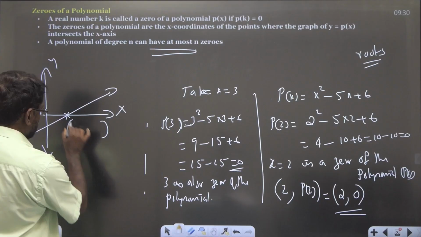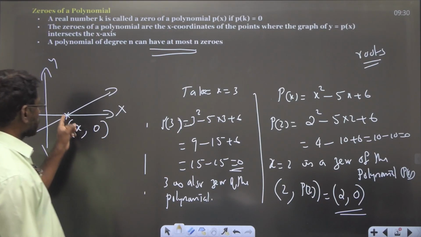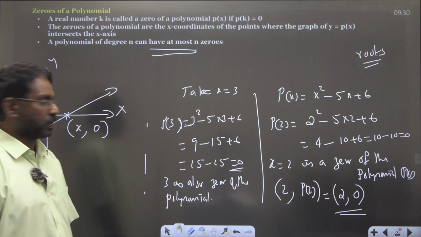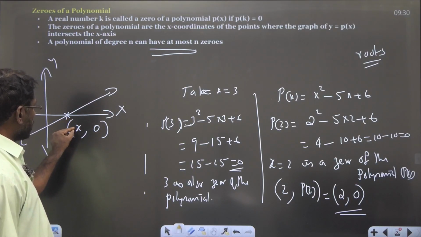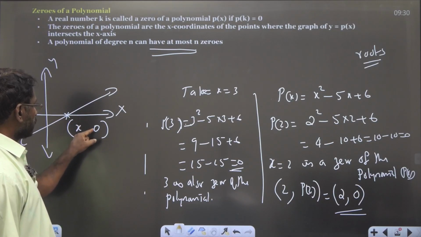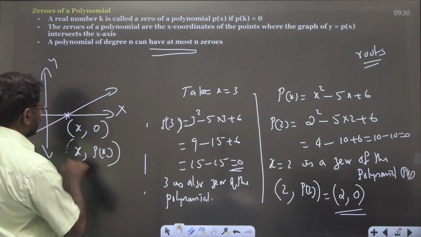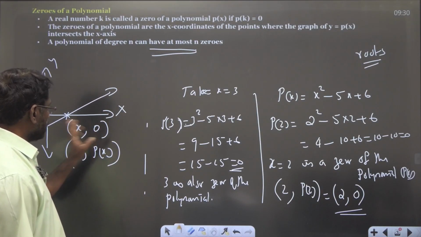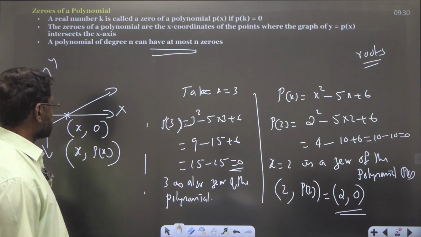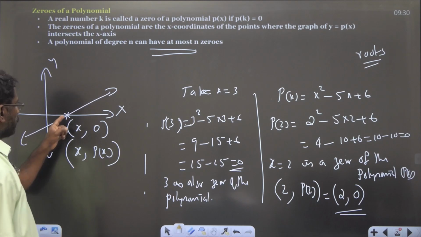That means at the x-axis, the y coordinate is 0. The ordered pair is of the form x comma p of x. At x equal to some value, the value is 0. So this is called the zero of the polynomial. So the number of zeros is 1.